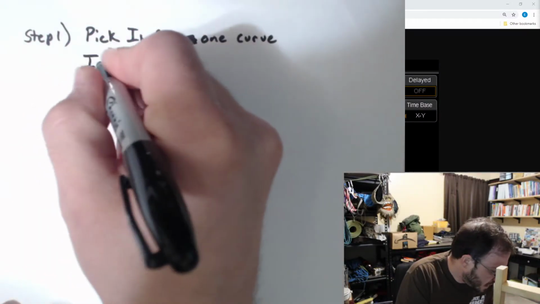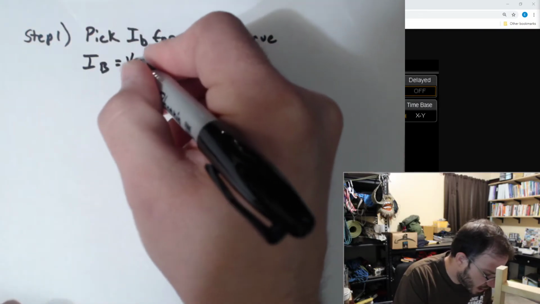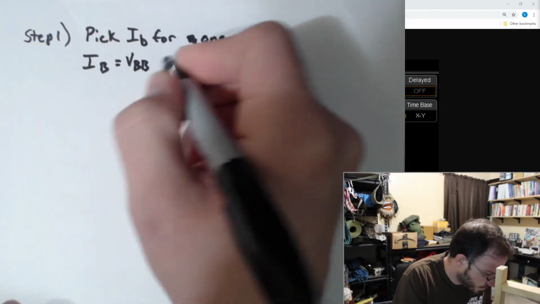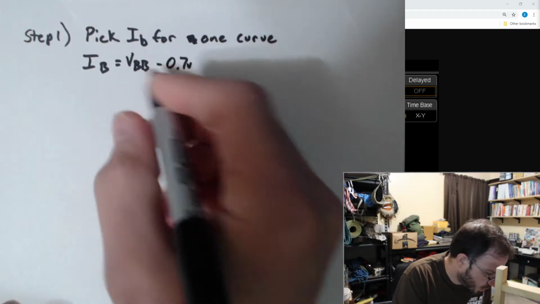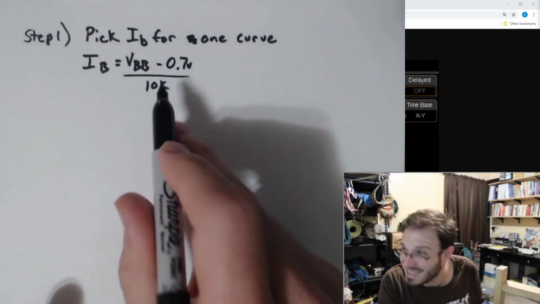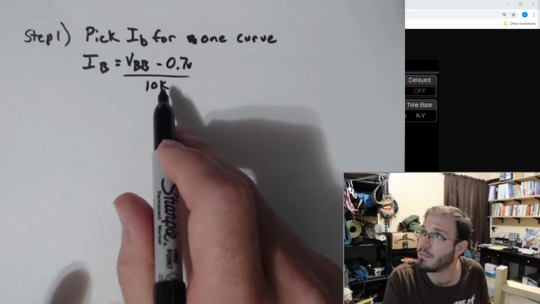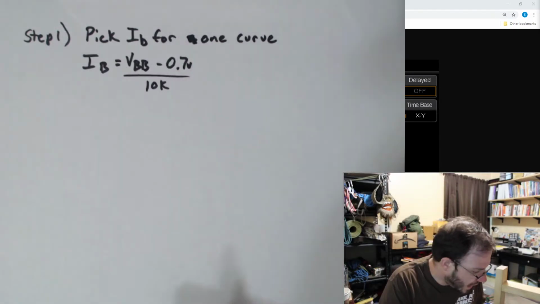So IB is equal to VBB minus 0.7 volts divided by, in our case, a 10K current limiting resistor connected to the base. So this relates VBB to IB.